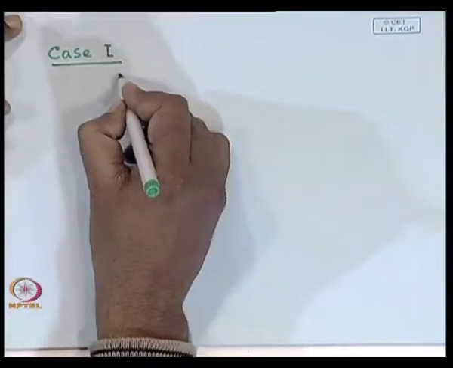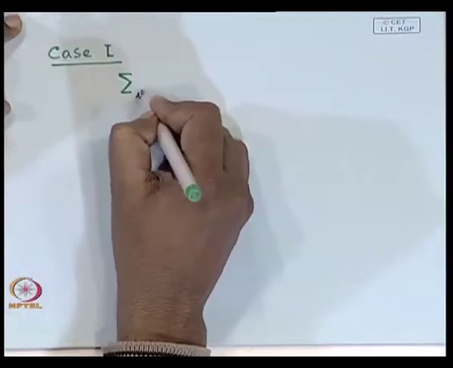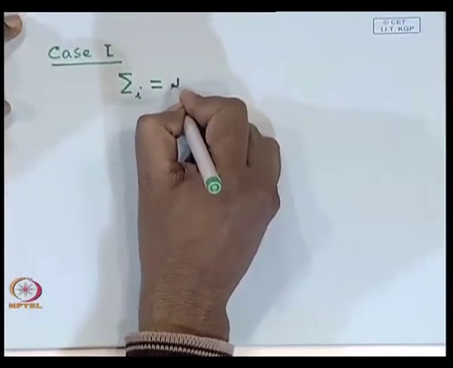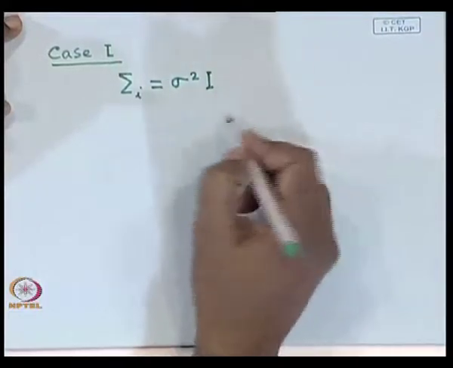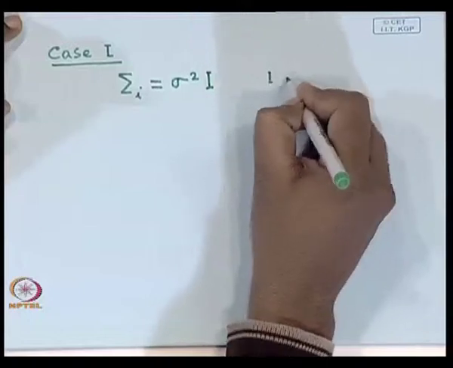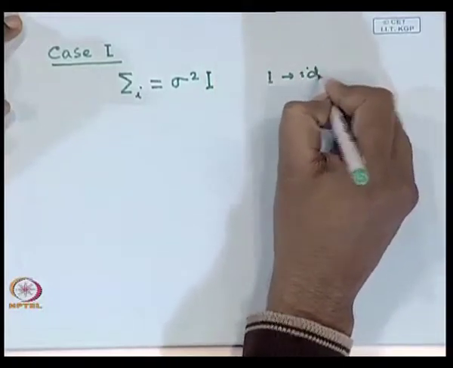when sigma_i, that is the covariance matrix, is of the form sigma square I, where this I is nothing but an identity matrix.